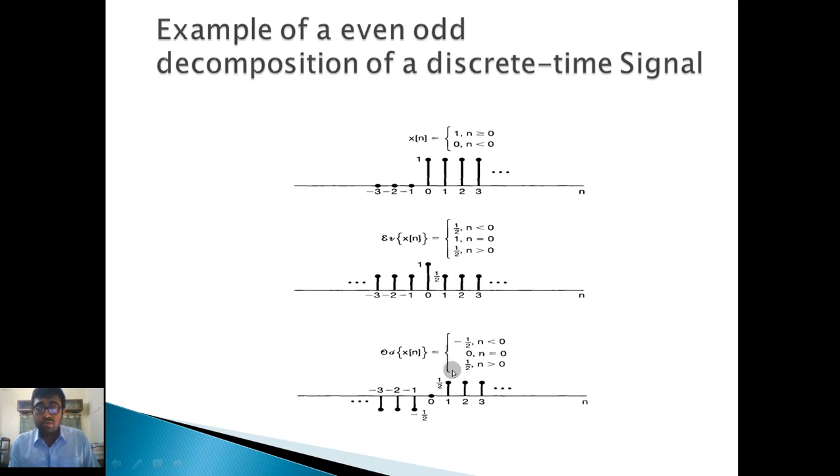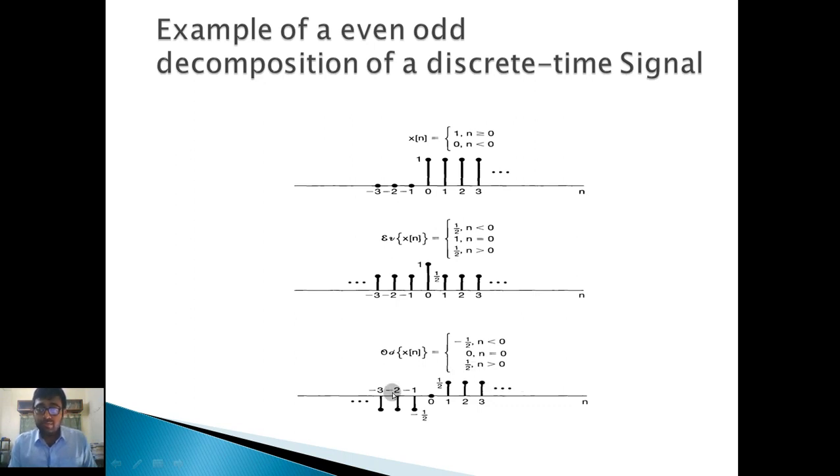Now if you take a closer look at the third picture, where I have described the odd signal, just by seeing it we can understand it is an odd signal, because if you take a mirror image of this signal, we will get a different signal. It will not be the same as this. For the even signal, the mirror image gives back the same signal, but in this case we will not get that signal back.